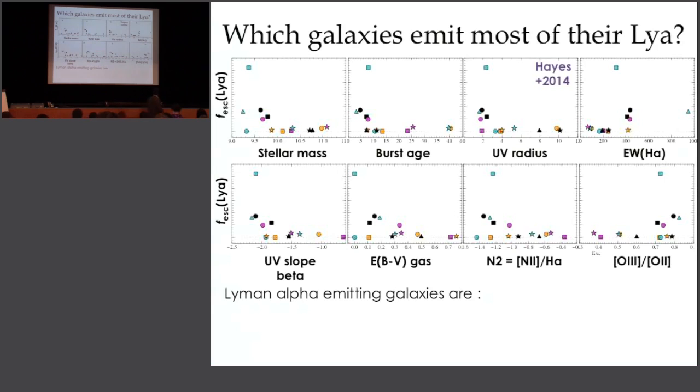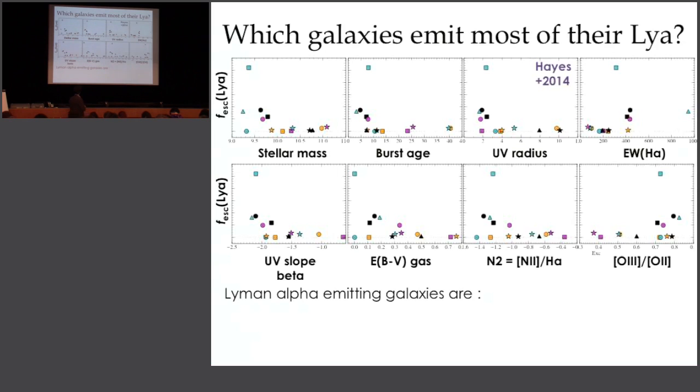N2 index is tracing metallicity, O3/O2 ratio is tracing the size of the O3 zones compared to the O2 zones, or the hardness, the ionization parameter, if you want to see if the whole ISM is very, very highly ionized, possibly in fact ionized to the end of all the matter.